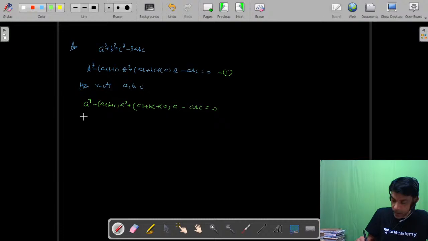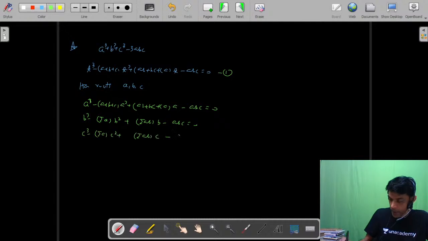So b cubed minus sigma a times b squared plus sigma ab times b minus abc is 0, and again c cubed. It's an elegant proof using polynomials. c cubed minus sigma a times c squared plus sigma ab times c minus abc equals 0.